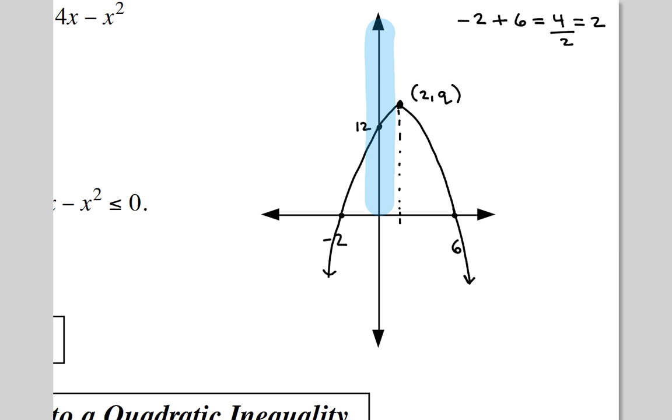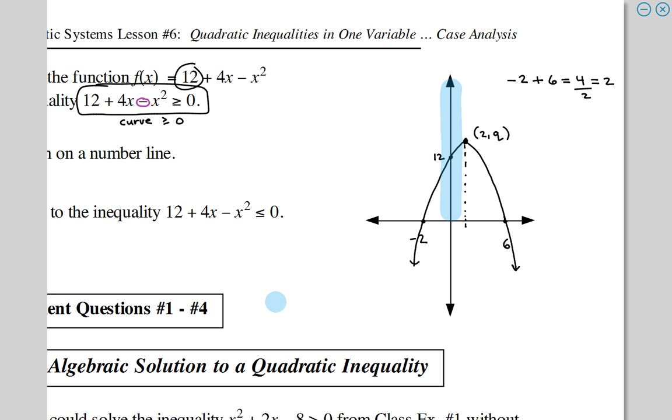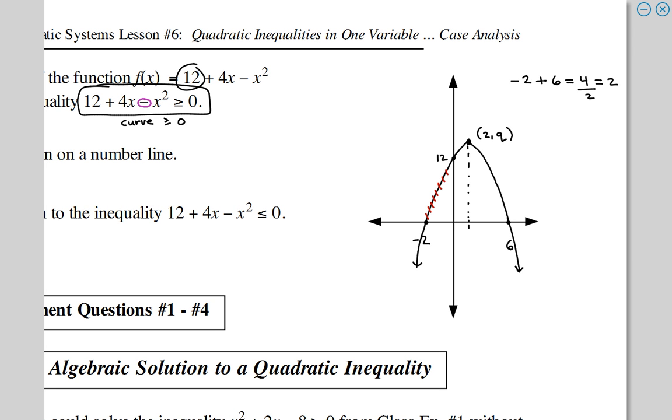Is that the part of the y-axis that's greater than 0? Yeah, so where is that going to happen? All this stuff, right? All these y values are greater or equal to 0. Do you agree?